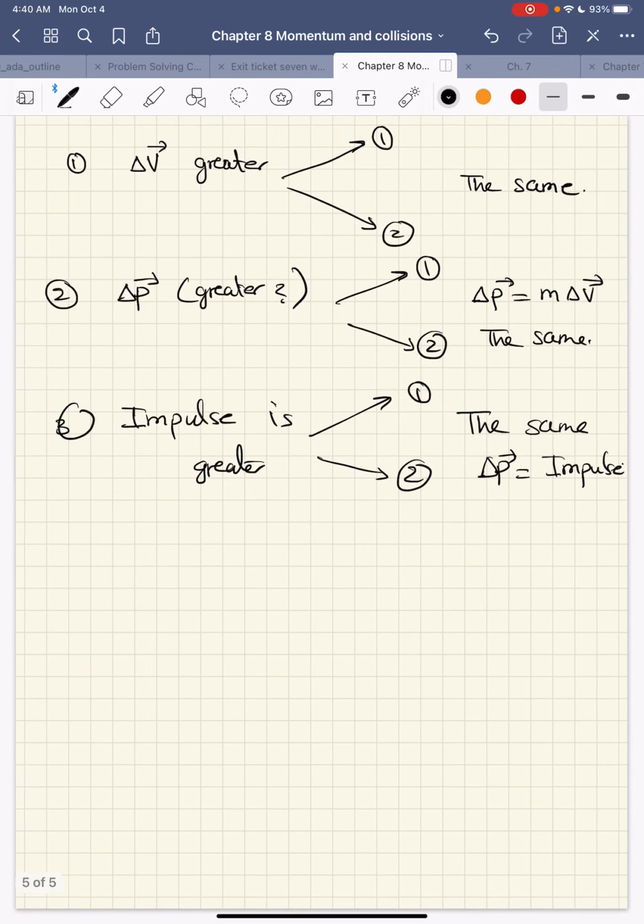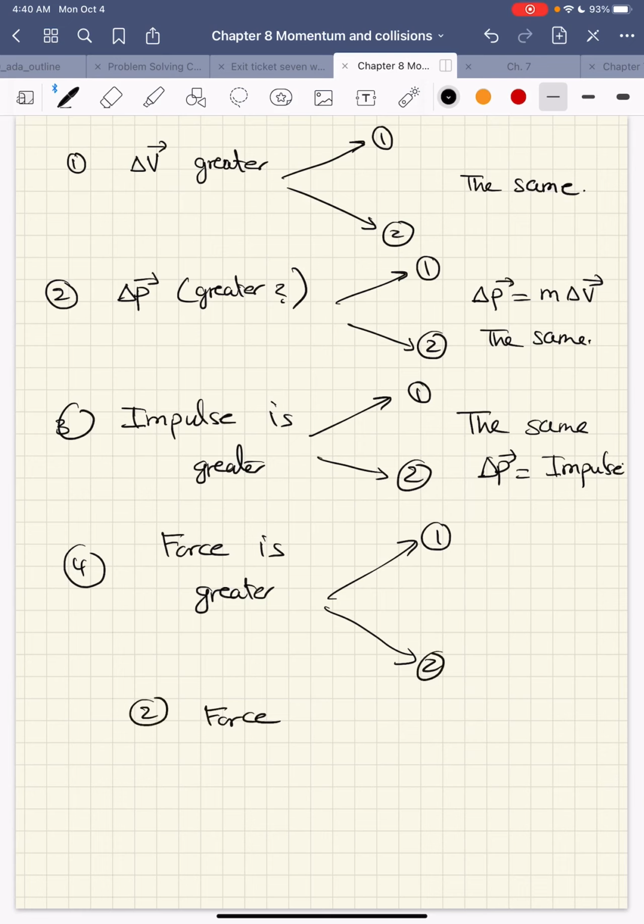Finally, I'm asking you, when is the force greater, 1 or 2? And of course 2, the force is greater here because the time is shorter.